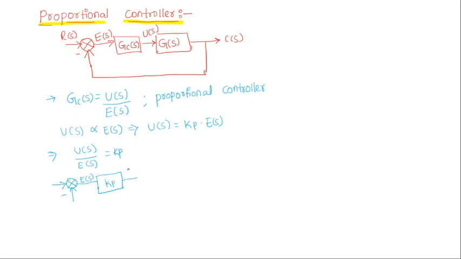The output of the controller is the actuating signal U(s), and we have the plant transfer function G(s). The output is C(s). It is a unity feedback path, so the H(s) value is 1.